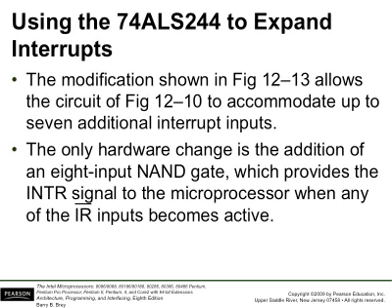We can have different ways to expand the number of interrupts. The next figure I'm going to show you is one circuit that can be used to accommodate up to 7 additional interrupt inputs. And the change compared to the early design is the 8 input NAND gate.